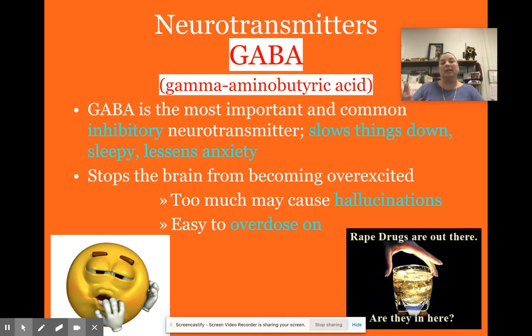So, we talked in class about how it's really cool now. They have napkins that can see if the drink has GHB in it, or little swizzle sticks that'll turn colors. Even nail polish. You can stick your nail in your drink and see if it's got GHB in it. So some really good things out there to prevent some of those rape drugs.